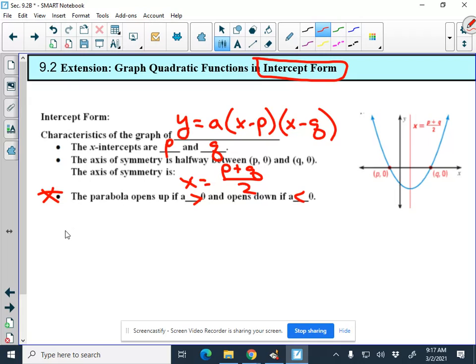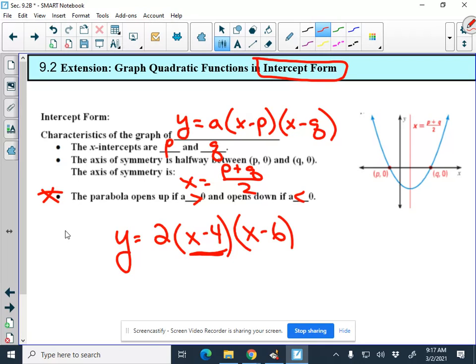But this one, we're going to have something like this, where we go y equals 2 times (x minus 4) times (x minus 6). Now, it's still true about the opposite things, but this isn't automatically the vertex. These are where this thing crosses. So this one, we would find that x is 4.